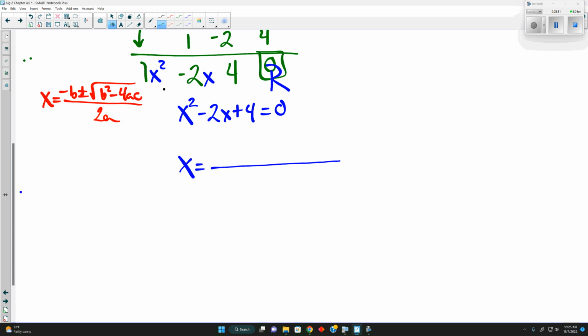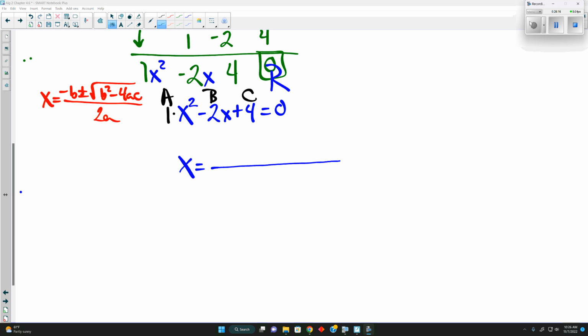Now if it is helpful, write a, b, and c on top so we know what they are. So the first thing we have is negative b, which is going to be what? Negative 2, yes? Well, what's the value of b? Negative 2, yes?